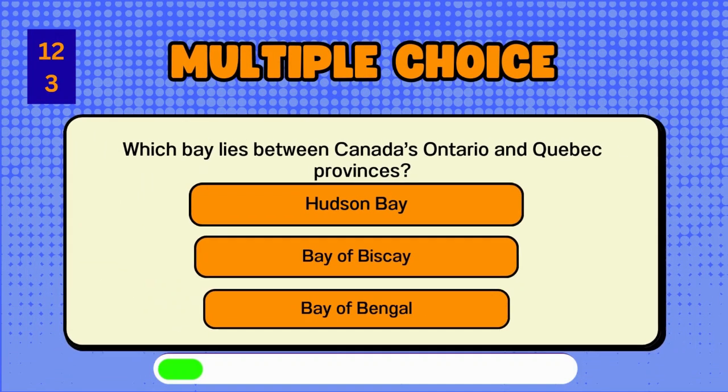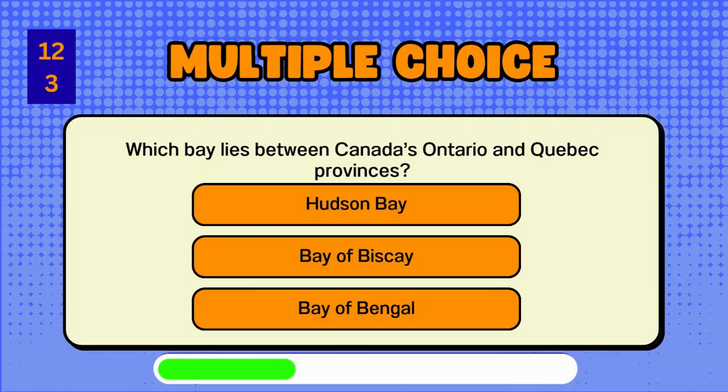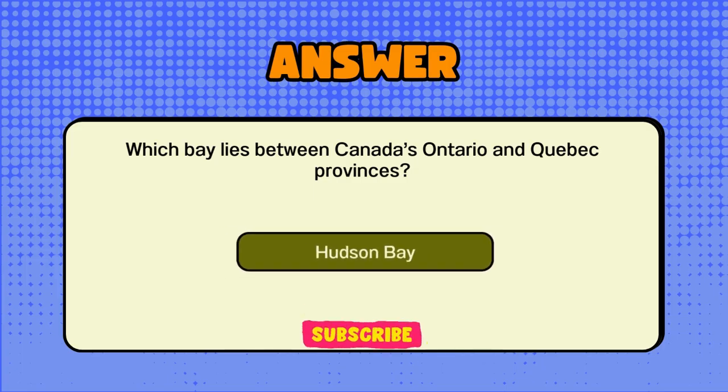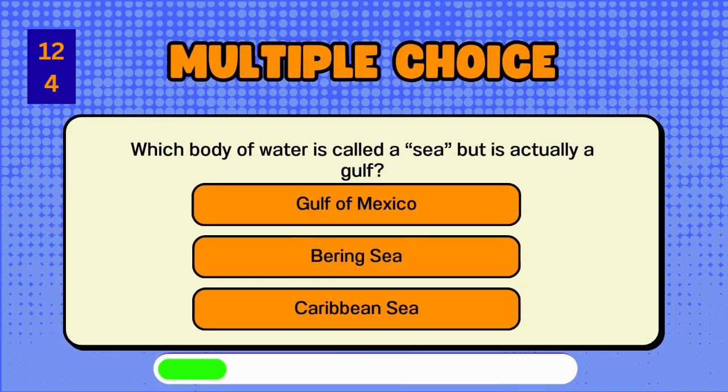Which bay lies between Canada's Ontario and Quebec provinces? Which body of water is called a sea, but is actually a gulf?